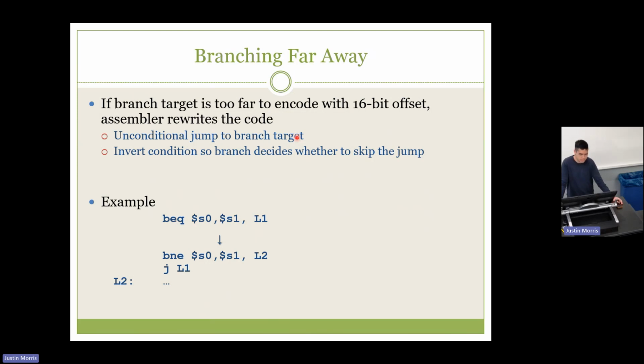The only time it's really a consideration is where I'm going to put all my procedures, because the procedures are the ones that are going to be further away. And that's just a matter of reorganizing the code. If you find that you can't reach a procedure, you can just move it up or something like that.